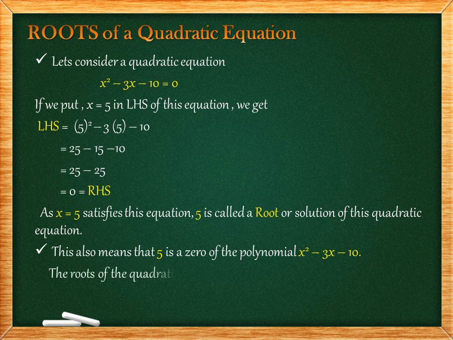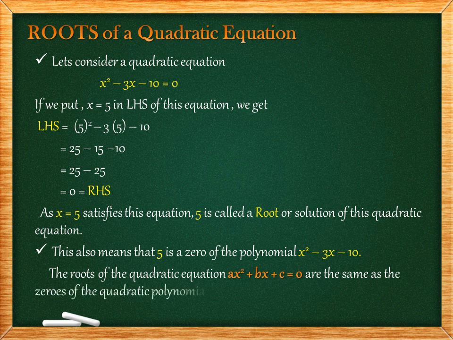So the above discussion can be concluded as: the roots of the quadratic equation ax square plus bx plus c equals 0 are the same as the zeros of the quadratic polynomial ax square plus bx plus c. This discussion will be the base for defining roots of a quadratic equation.